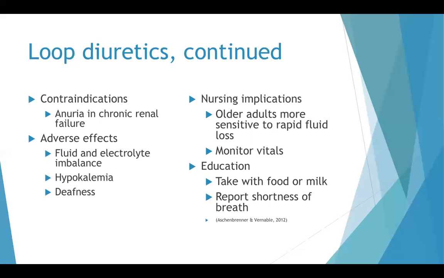It should be used cautiously with premature infants, but it is safe to give children at a low dose. And the patient should experience a reduction in edema and blood pressure for the dose to be therapeutic. We need to monitor their labs, their CBC, their electrolytes, their uric acid, to maintain those at normal levels.